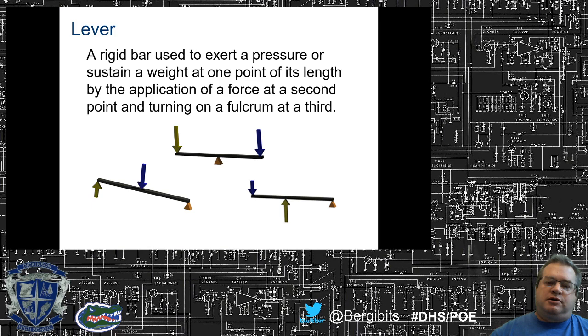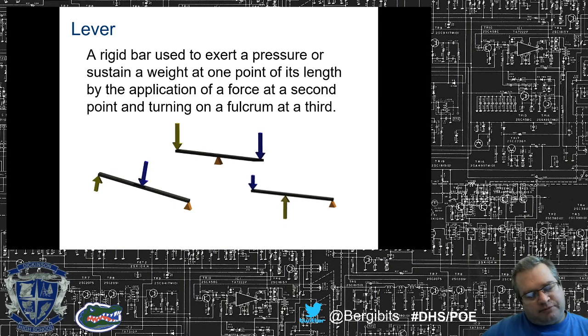Bottom left animation, the force resistance is blue. It is in the middle, and that is going to be a mechanical advantage of greater than 1. The one on the left, because the resistance force is in between the fulcrum and the effort.